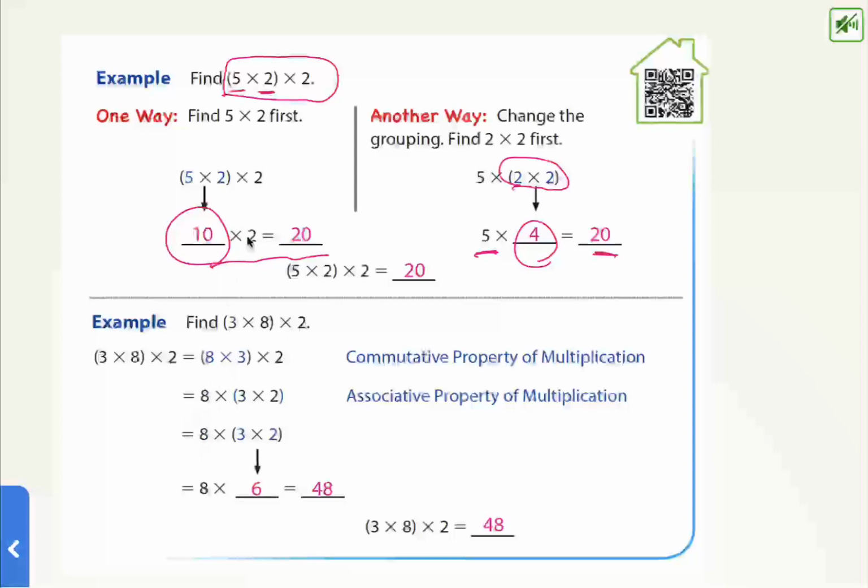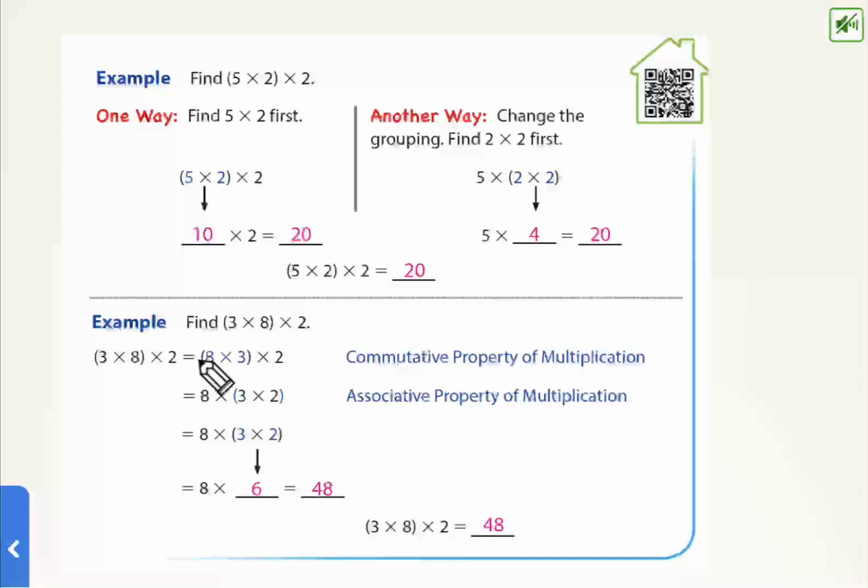So in this example, what we say is that you can multiply the first 2 numbers, then multiply the third, and you can multiply the second and the third factors, then multiply the first.